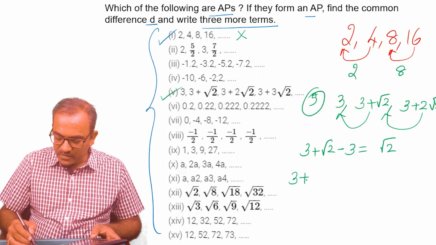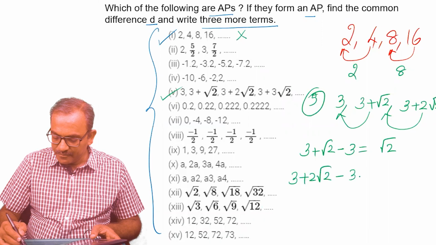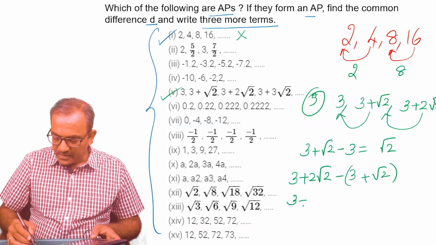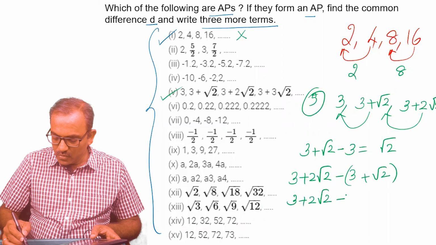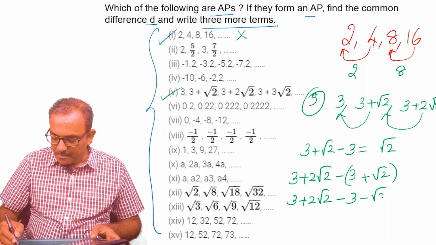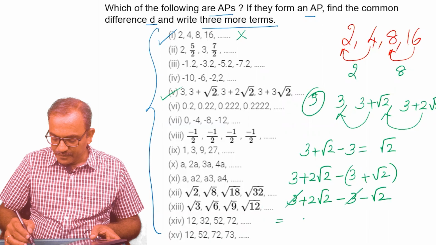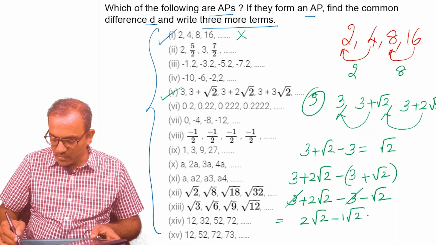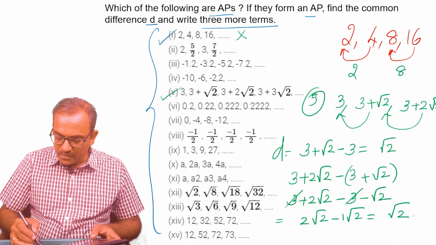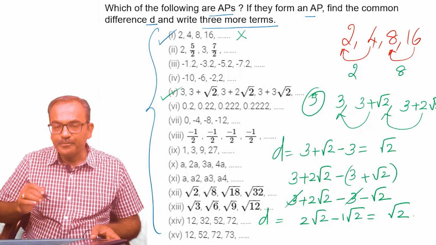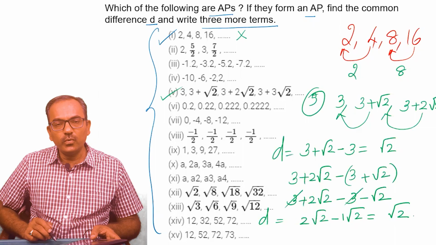Next we have 3 plus 2 root 2 minus 3 plus root 2, which is 3 plus 2 root 2 minus 3 minus root 2, and plus 3 minus 3 gets cancelled. 2 root 2 minus root 2 can be written as 1 root 2, which is equal to root 2. So, in both the cases I have got root 2 as the answer.